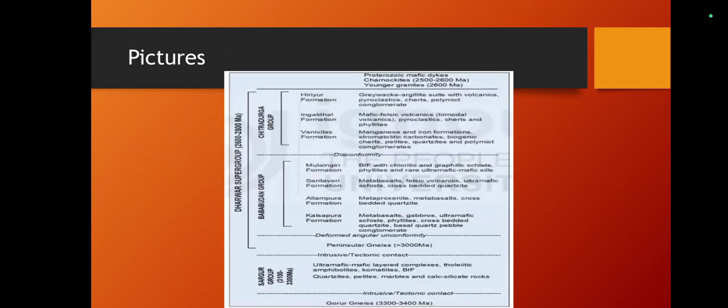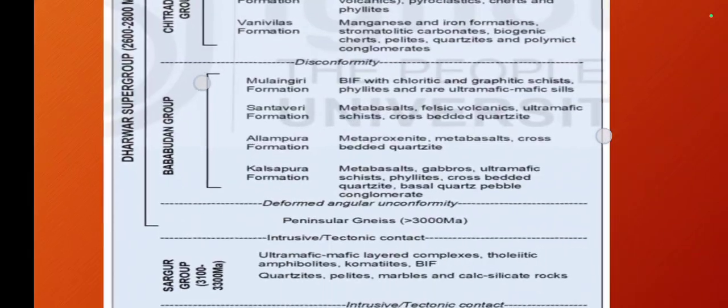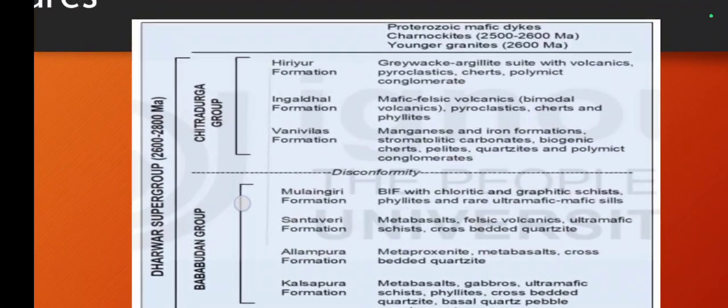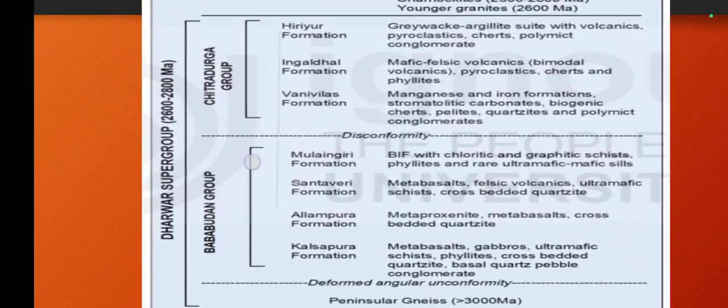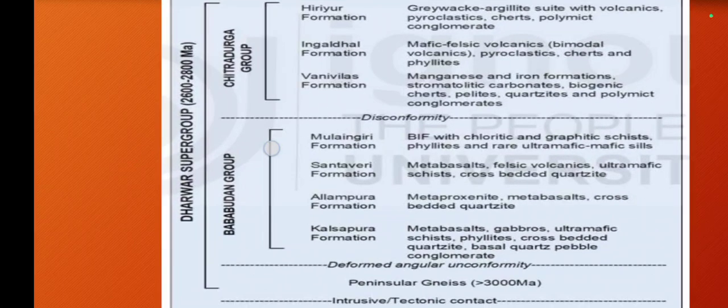So this is the whole stratigraphy of the Dharwar craton. Let me zoom it out. At the bottom of this picture you can see the Gorur gneiss, which is of Paleo-Archean age, then the Sargur group, which is of Meso-Archean age, and then the Baba Budan and Chitradurga group, which is of Neo-Archean age.